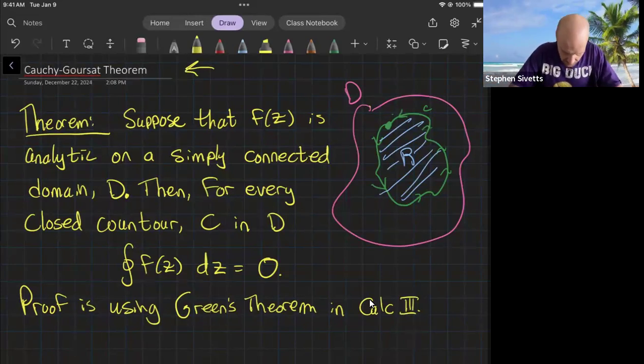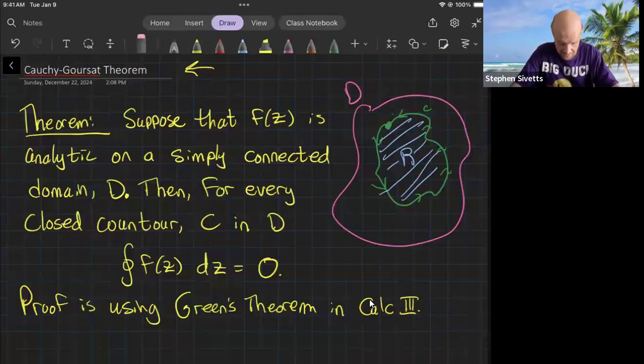So here's the theorem. Suppose we have a complex function, f of z, that is analytic on a simply connected domain D. So for any two points in your domain, we can draw a path that will connect those two points in your domain.